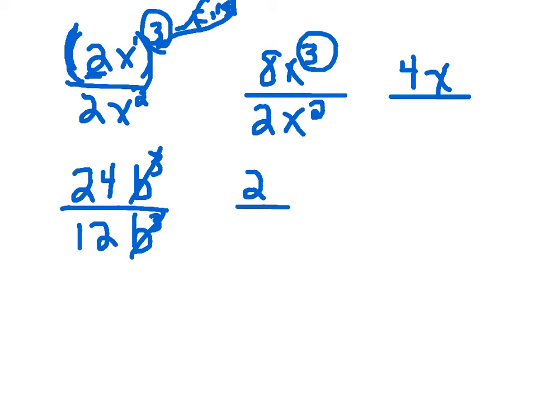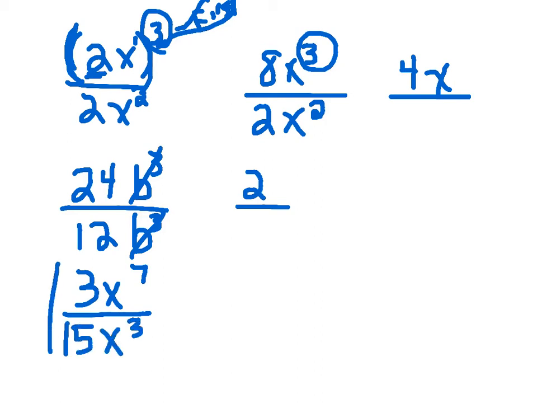I would like to do one more that has a coefficient that's a little bit trickier. Okay, here's a final problem. 3x to the 7th divided by 15x to the third. So I need to know how to reduce or simplify this fraction.